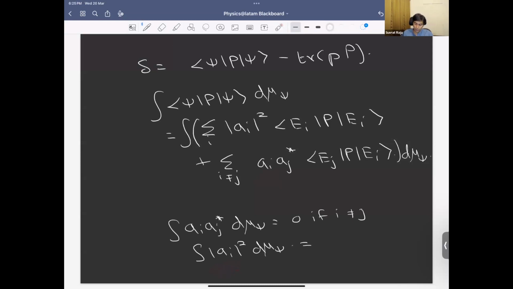Therefore, this must just be 1 over W. Therefore, we have found what the expectation value of this thing is. The expectation value of this thing is just 1 over W times the sum over i of ⟨e_i|P|e_i⟩. Okay, this is a side calculation, so let me put it to the side.